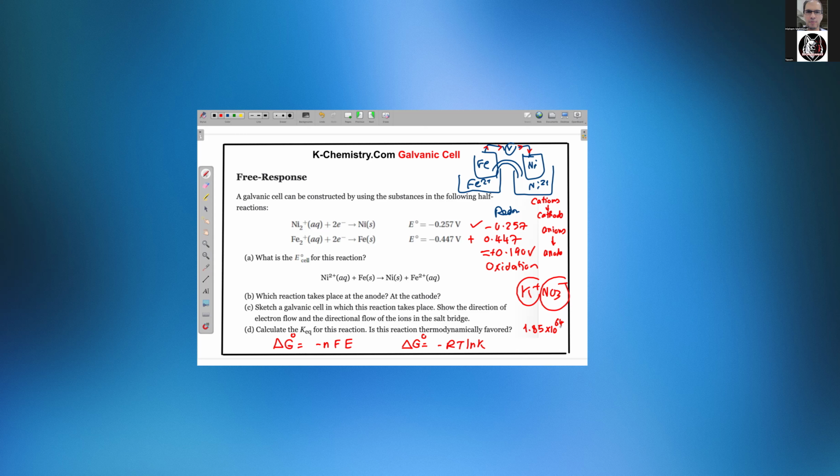Voltage? Yes, 1.9. So why is the answer not correct? 1.9 or 0.19? I put 1.9. Okay.